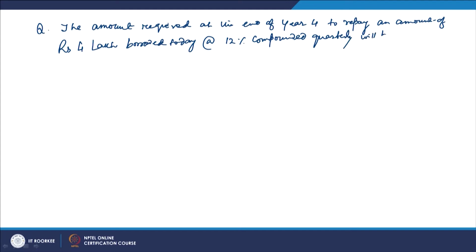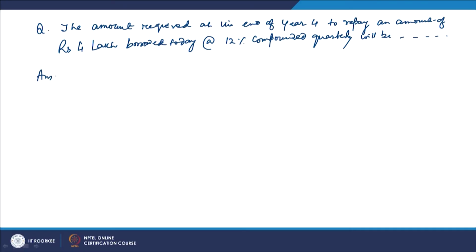So, you have to find the amount required at the end of year 4, where the amount borrowed today is rupees 4 lakh and the interest is 12% compounded quarterly.